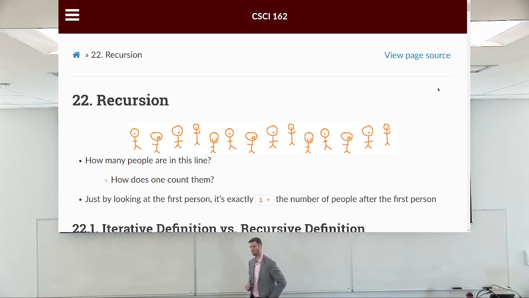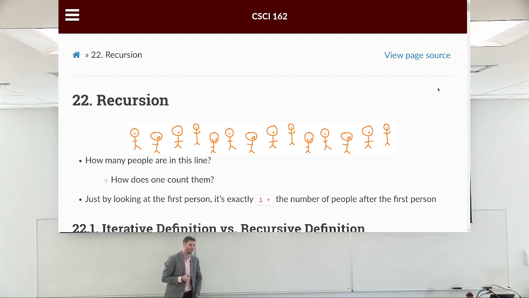Here is how I would answer that question. I'm going to say, no, okay. The number of people in that line of people there is exactly 1 plus the number of people after that first person. That's what I see.